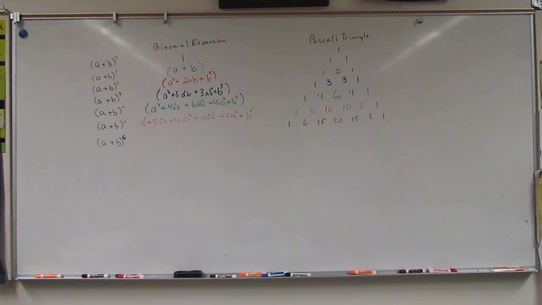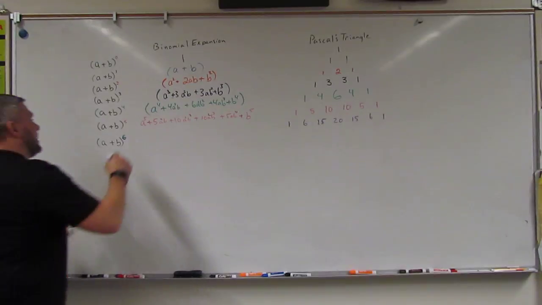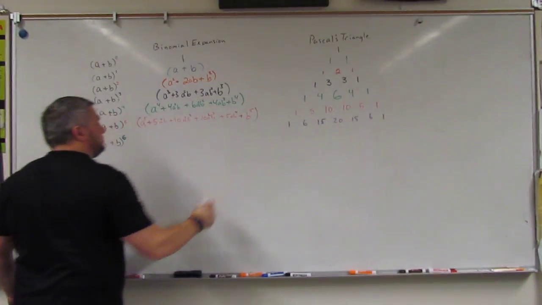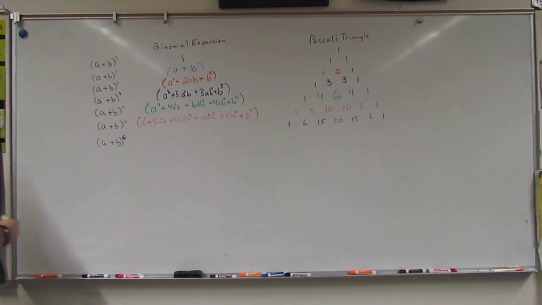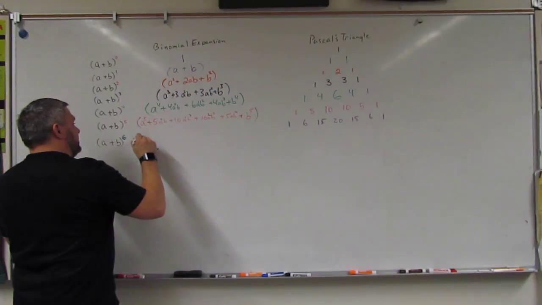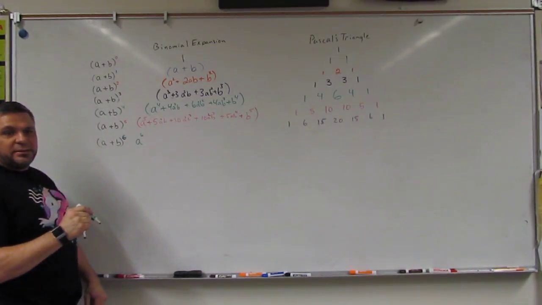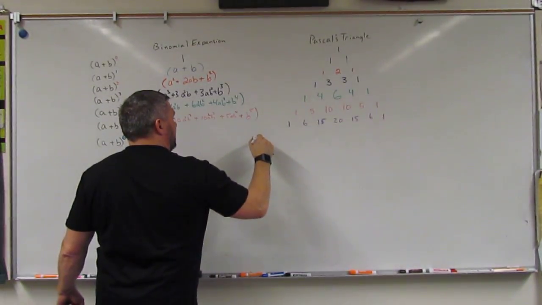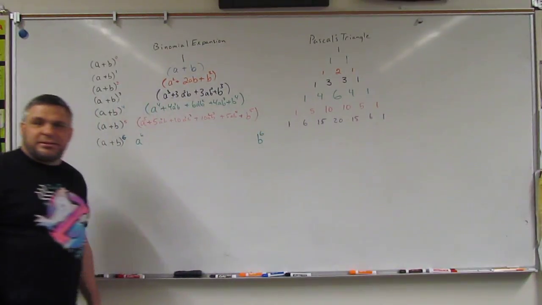Alright. And so, following that same pattern, right? Following that same pattern, then I would have an A to the 6th, right? And a B to the 6th.